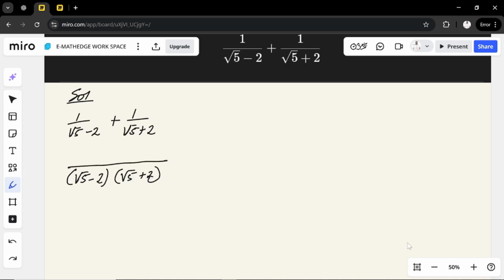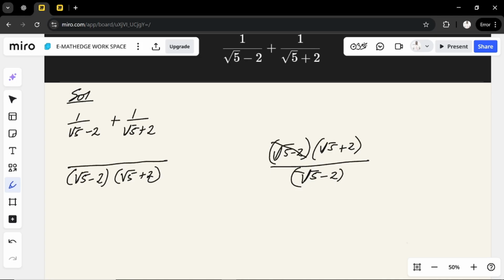So how do we get that? Let's bring it out. The root of 5 minus 2 multiplying the root of 5 plus 2. Now divide by the denominator, right? Is going to give us divide by the root of 5 minus 2, right? So now if you check, we have the root of 5 minus 2 here, and it is dividing the root of 5 minus 2.